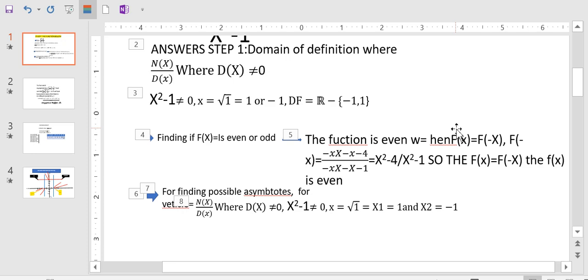As we have seen above, the value of x1 is equal to 1, and the value of x2 is equal to negative 1.